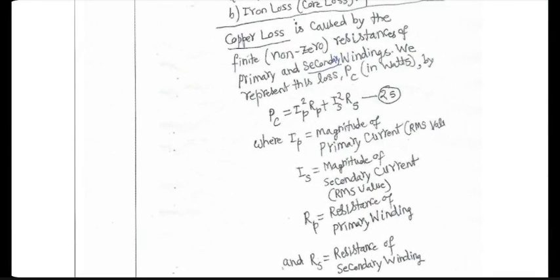As the transformer is loaded more and more, more current is drawn and copper loss starts increasing with the square law effect because you have the square of the current. So the windings start getting hot. If the design is not done correctly, windings may start melting.